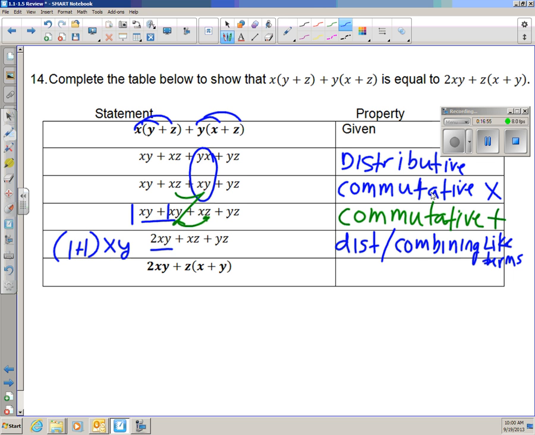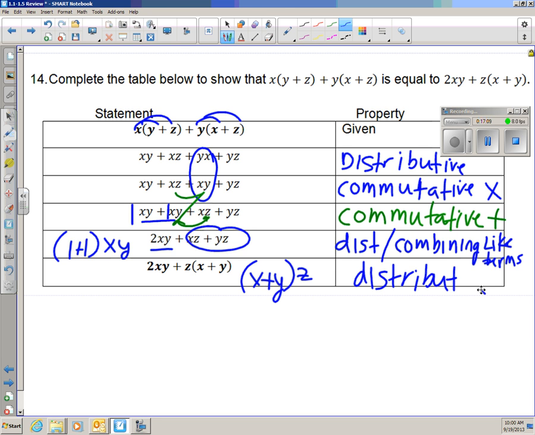Lastly, a parenthesis shows back up again, which means over here, we said the z's were in common. What do we have? x plus y, and that's your distributive property. Okay, so that's your proof.